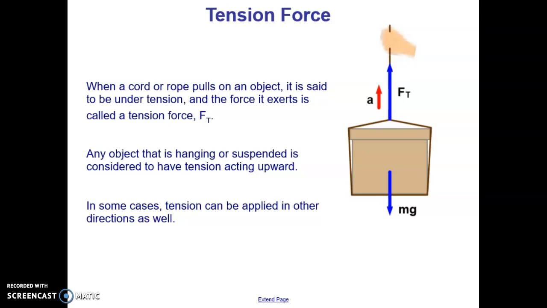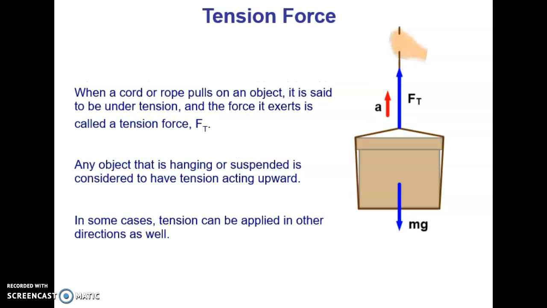Just as a quick reminder, when we did tension in the cable in the elevator, we were able to easily calculate the tension in the cable, which is pulling upward here, if we know the acceleration and the mass of the object.